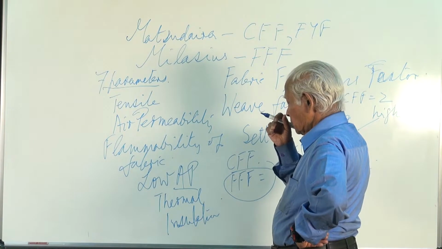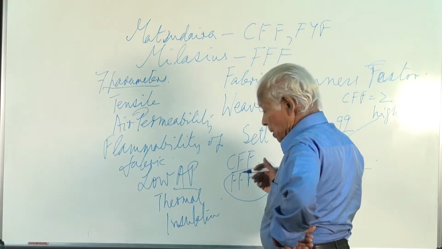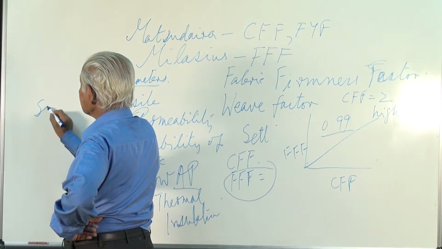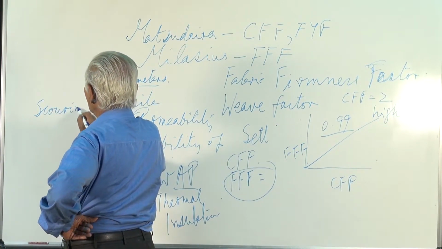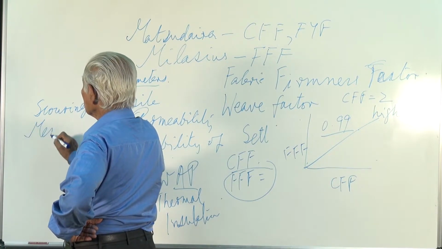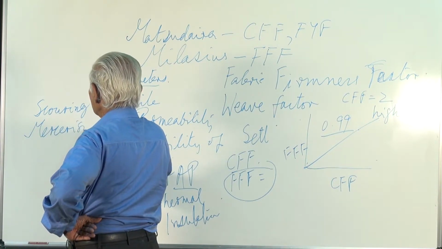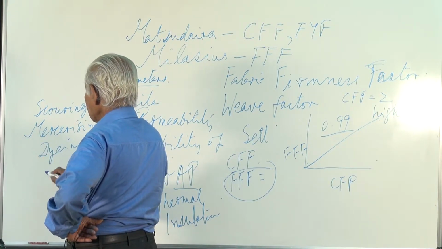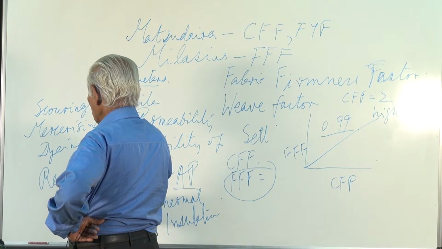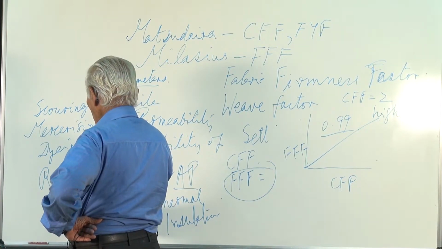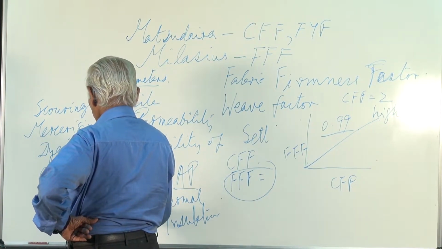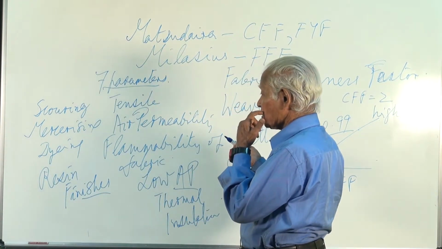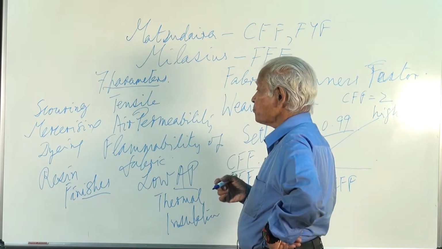And what comes to our mind is that when fabrics are subjected to wet processing, such as, let us say, scouring or mercerizing, then dyeing, then resin finishing, all these will have an effect on the fabric handle as well as on the correlation between these V parameters and the structure.